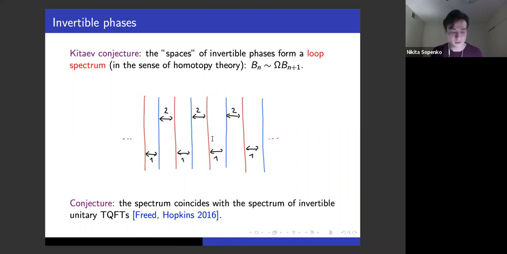It has a very simple intuitive explanation. If we have some loop in the space of, let's say, 3-dimensional systems, we can consider some interpolation so that we can fix some point in the space and consider the states far away on the left and far away on the right, and consider some domain wall between these two half spaces.